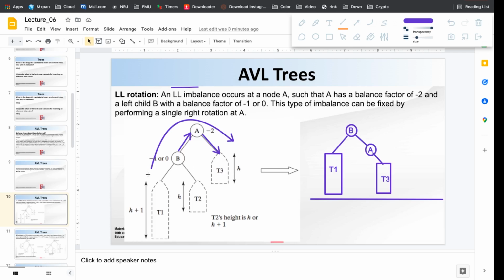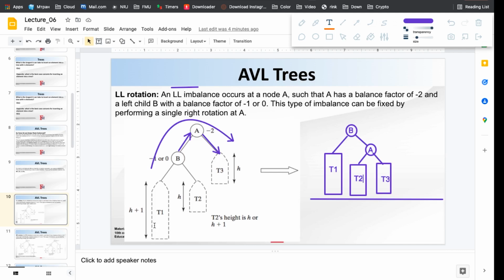And where else can it be? It has to be on the right from B, and on the left from A. So the only place it can be is here. T2, like this. So that's the rotation.